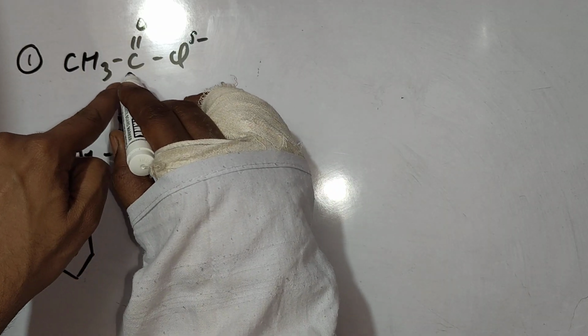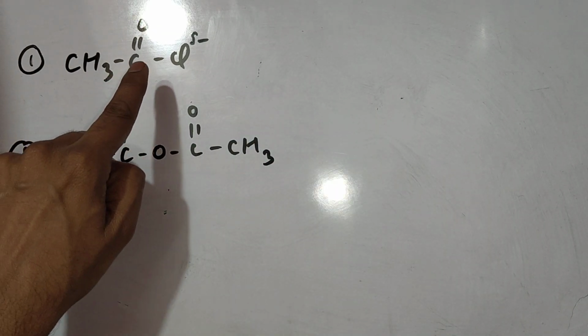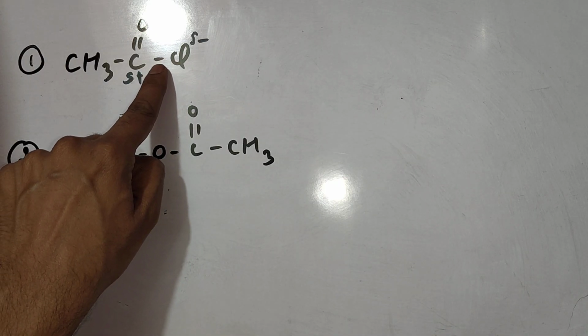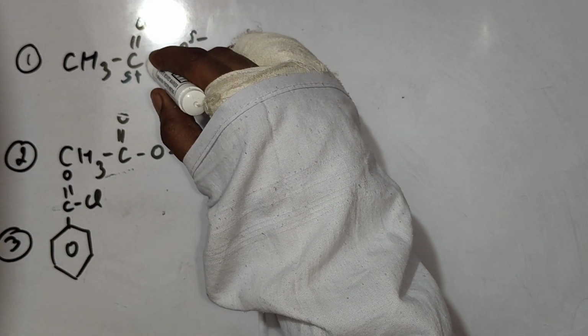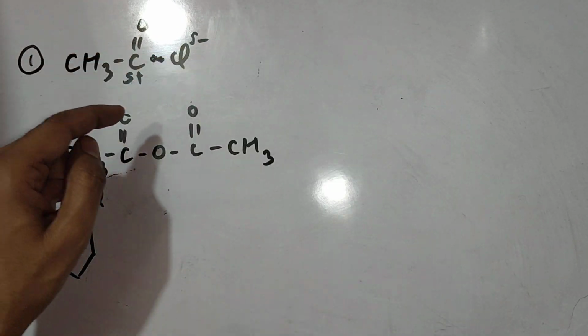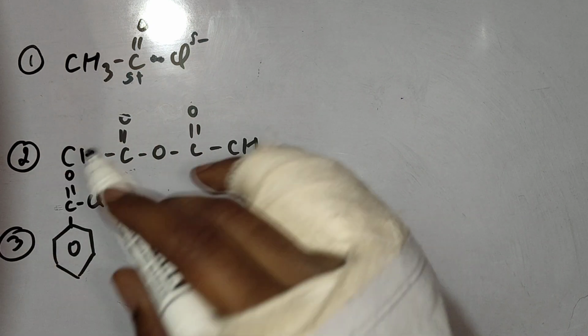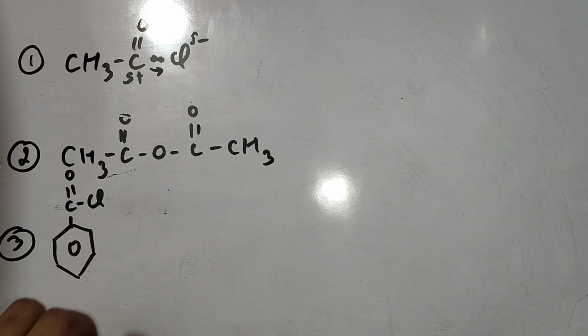This is negative charge. This carbon will be positively charged, obviously, because chlorine is more electronegative than carbon, so the shared electrons are more toward the chlorine side. Chlorine is getting the extra electron of carbon to itself, so negative charge, and carbon is losing its control on its electron, so positive charge on it.